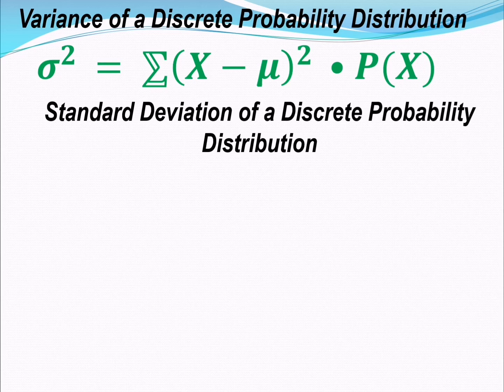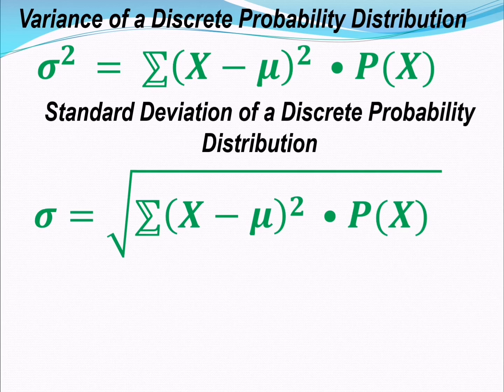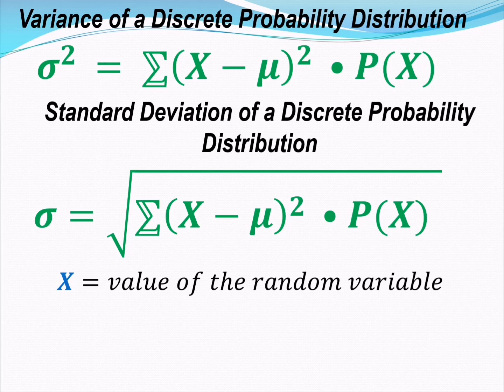So, ito yung gagamitin natin na formula if we're going to find the variance of the discrete probability distribution. And then, pag meron tayong variance, meron din tayong standard deviation. So, standard deviation naman, i-square root lang natin yung variance. Square root of summation of x minus the population mean quantity squared multiplied by the probability of x. So, let's have the example.